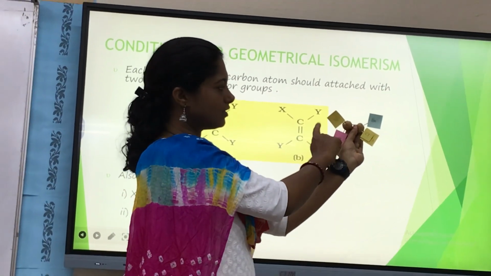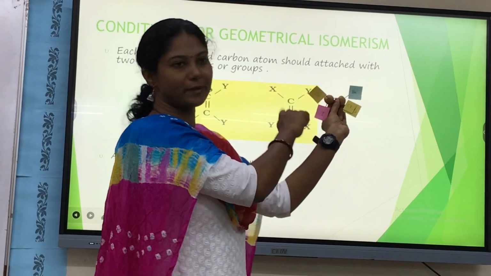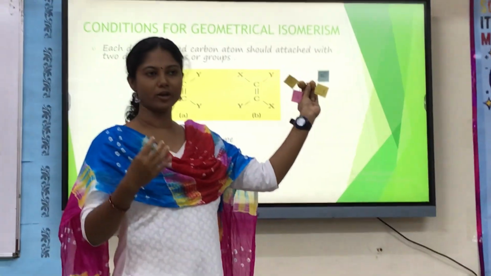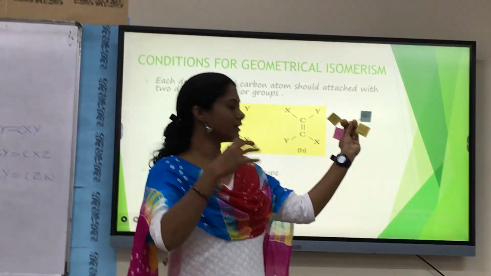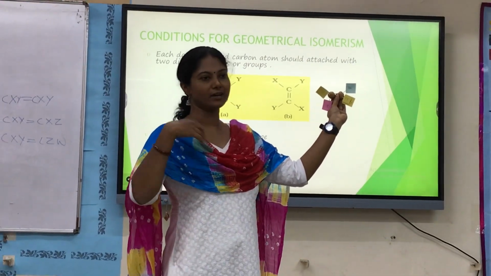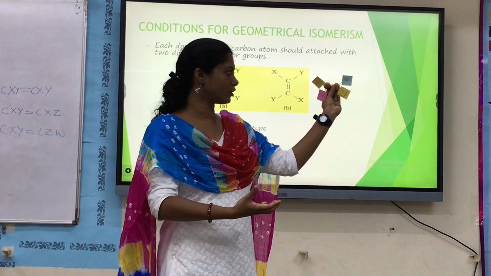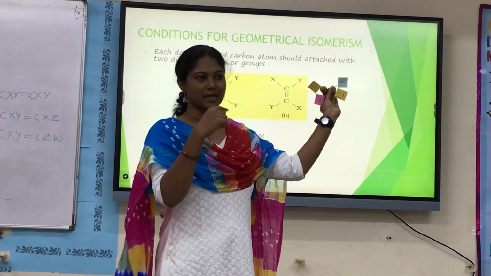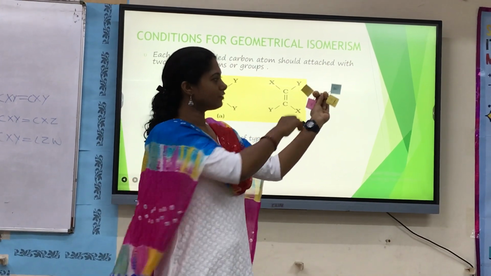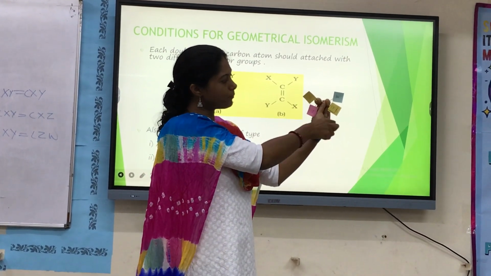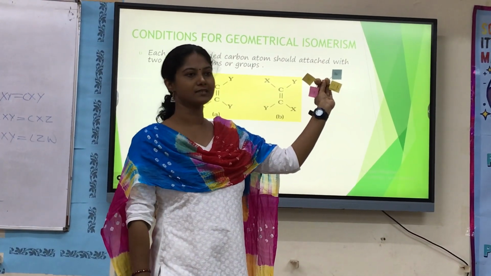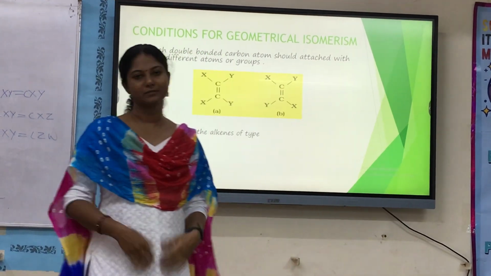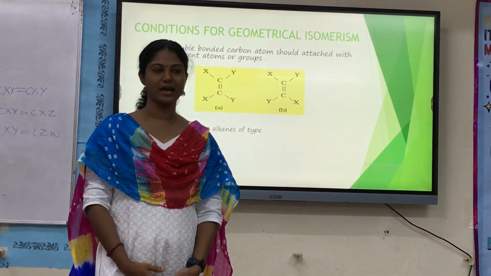For Z and E, we have to determine the priorities of the atoms and groups attached to the double bonded carbon atoms according to the rules. Mostly the groups with a higher atomic mass get higher priority. If the higher priority groups are on the same side, it is classified as Z isomer, and if the higher priority groups are on opposite sides of the double bond, it is classified as E isomer. So these are the different possibilities in geometrical isomerism in alkenes.